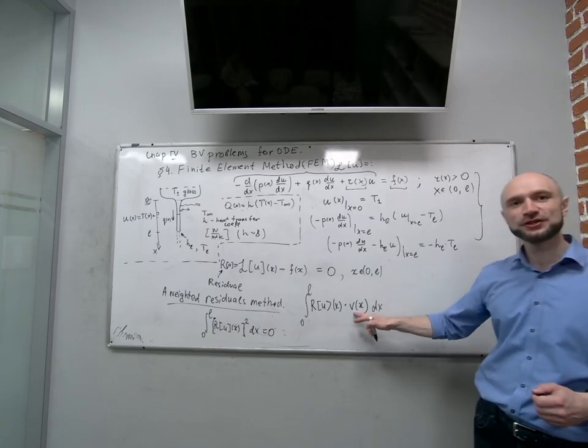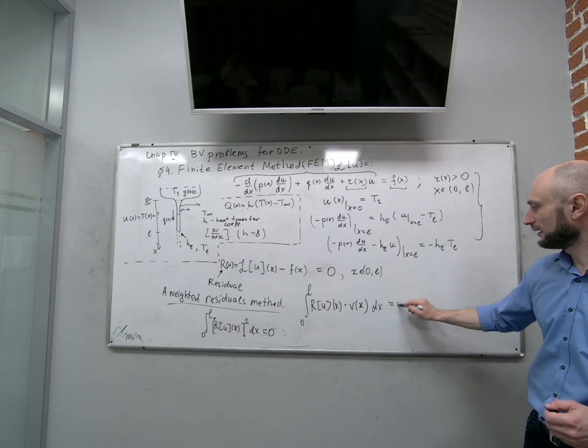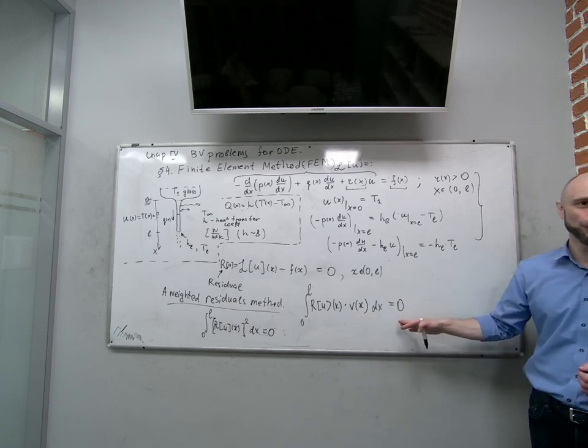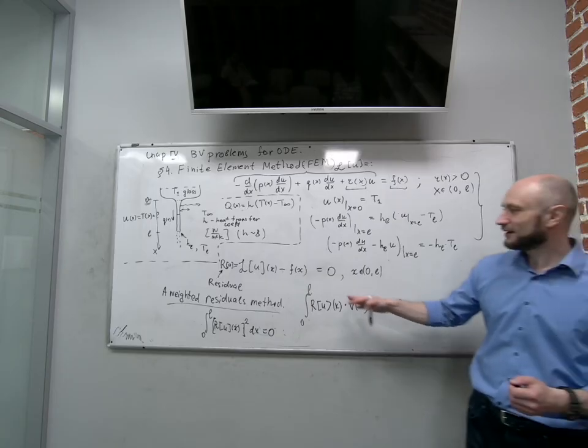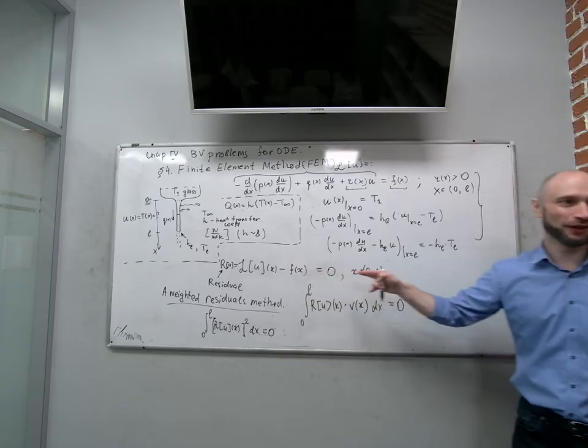If this function is sufficiently smooth, then requesting that this equation holds true is also similar to requesting that the original equation holds true.